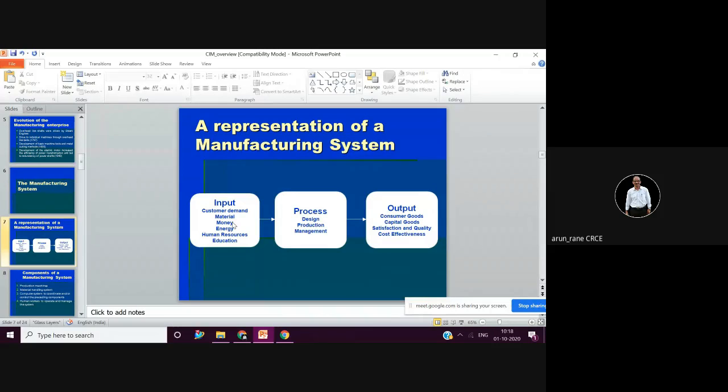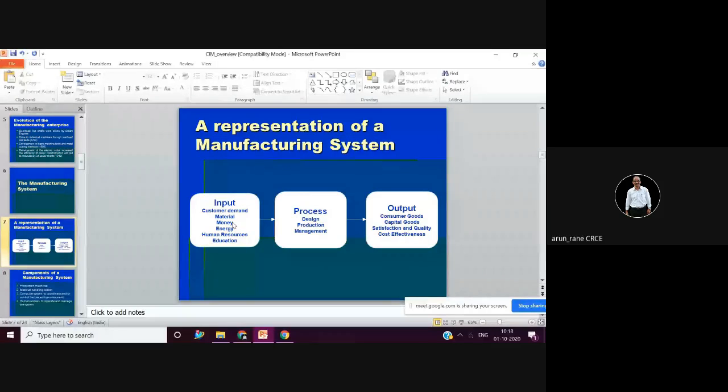Push production means you have made 1,000 vehicles irrespective of the order, based on the history and the demand, and then you are pushing those 1,000 vehicles in the market.